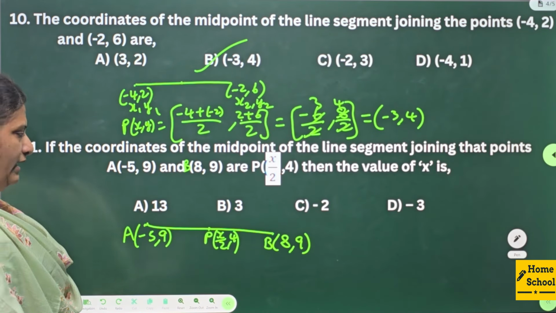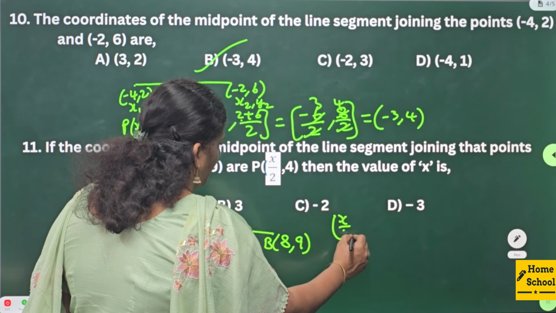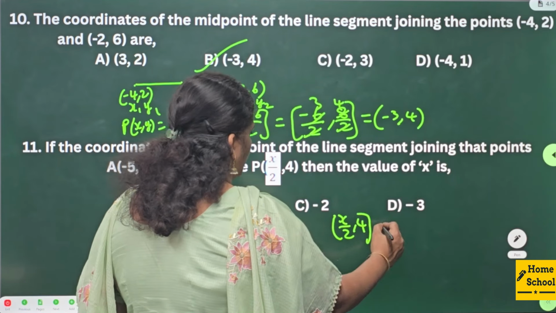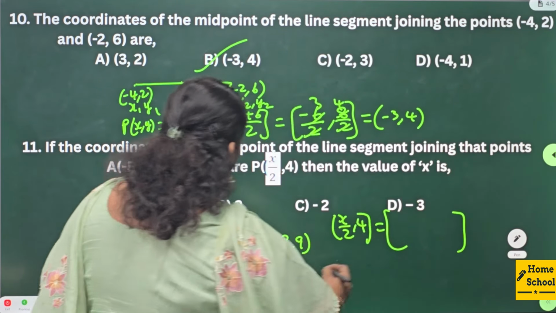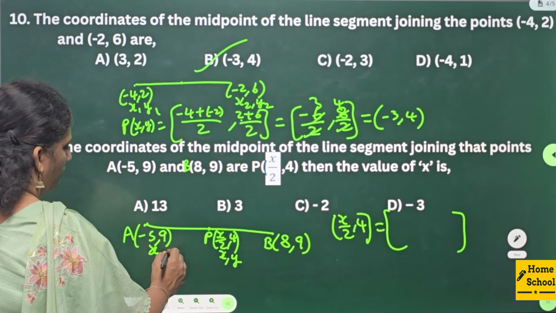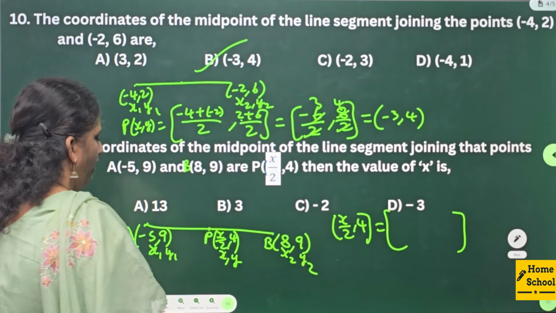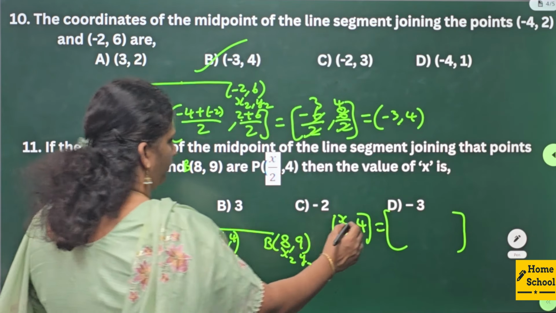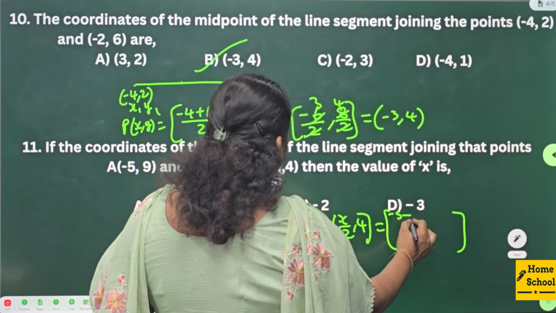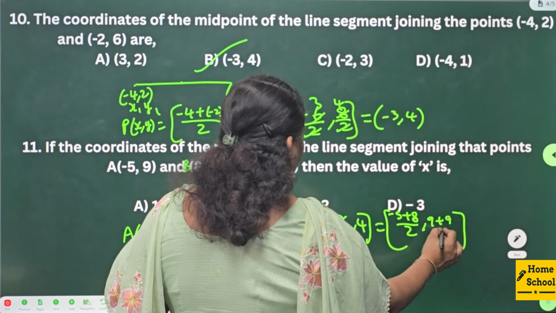We know the formula. What is it? P of x, y is equal to, this is x, y, x1, y1, x2, y2. We know the formula: (x1 plus x2) by 2. That is (minus 5 plus 8) by 2, (9 plus 9) by 2.